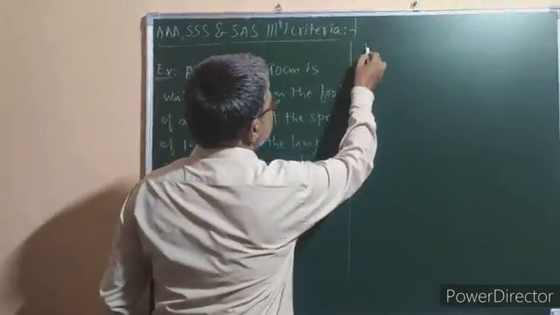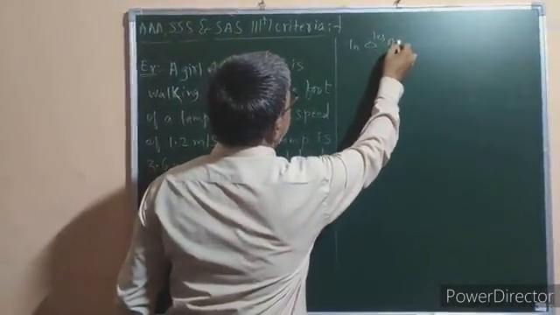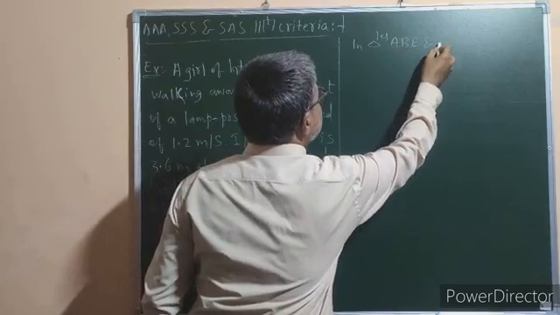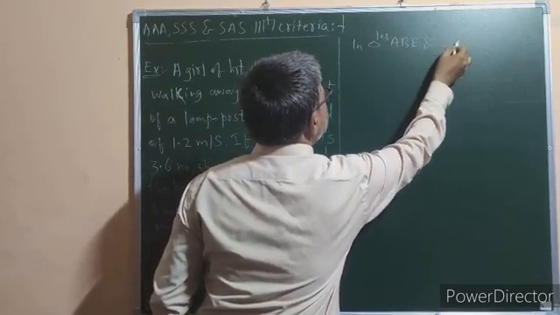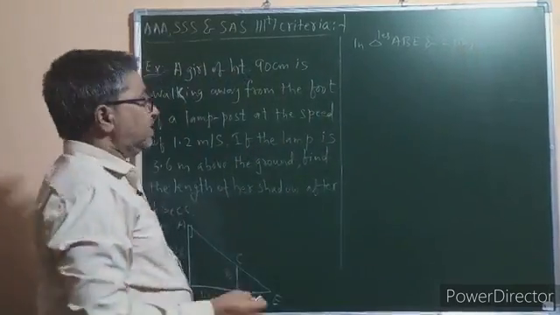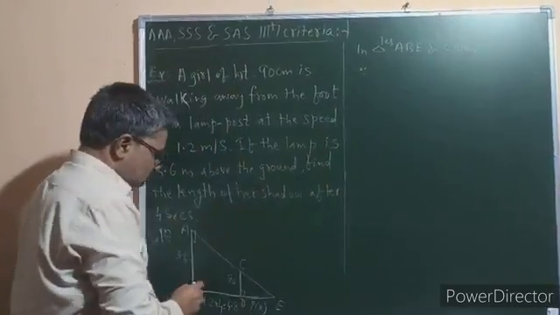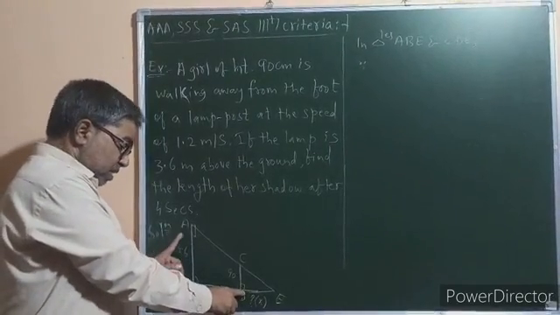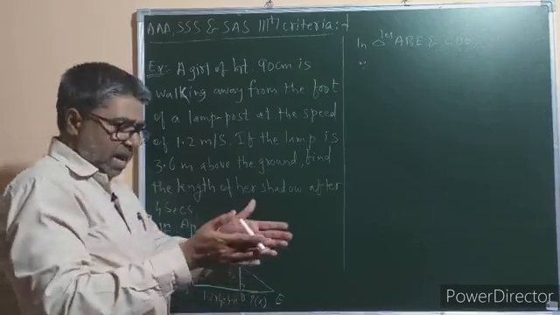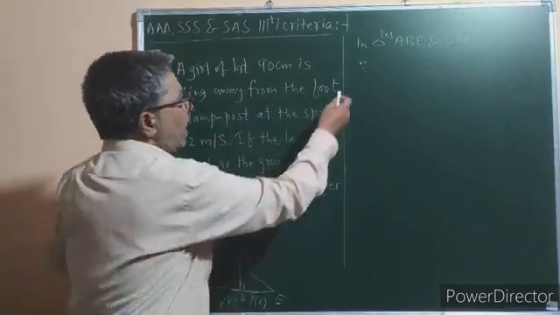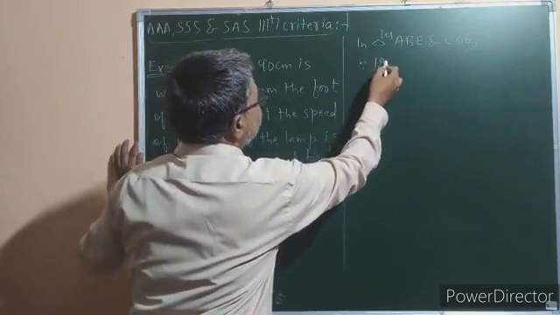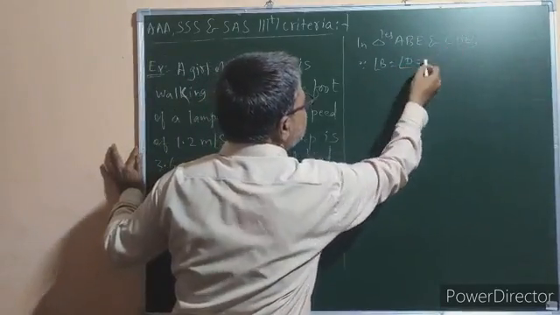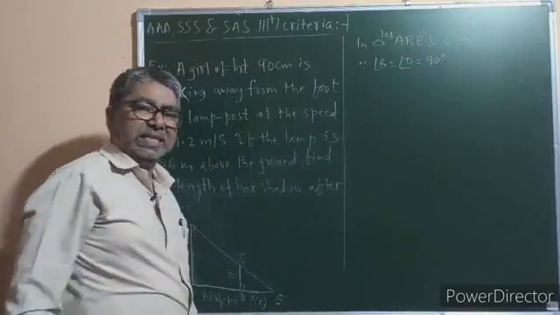Now write, in triangles ABE and CDE, angle B and angle D are equal because they are 90 degrees, because the lamp post and the girl are standing directly on the ground. So angle B of triangle ABE must be equal to angle D of triangle CDE. They are equal because they are 90 degrees.